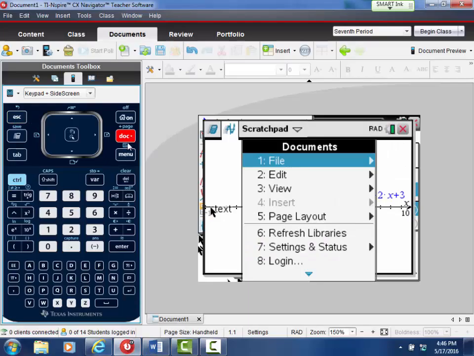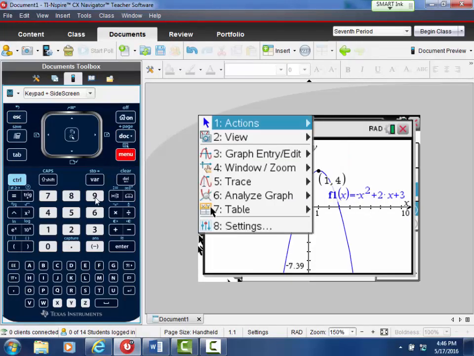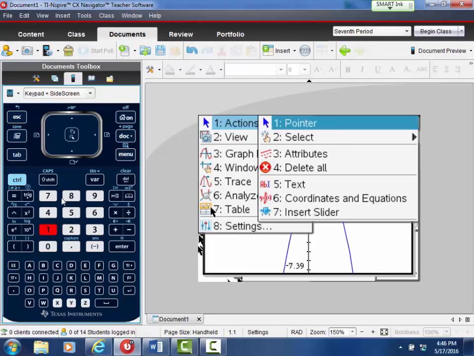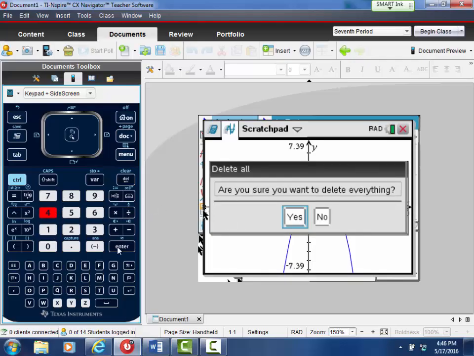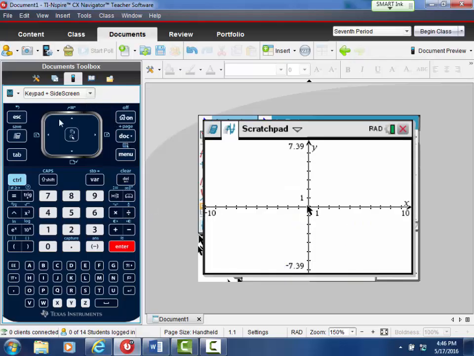I'm going to clear my graph for a minute. Menu 1, 4. Yes, I mean it. Okay, so I'm going to hit the tab key, and I'm going to graph y equals x squared. Take a look. That's what it looks like, and sure enough, the vertex is at 0, 0, so that is true.